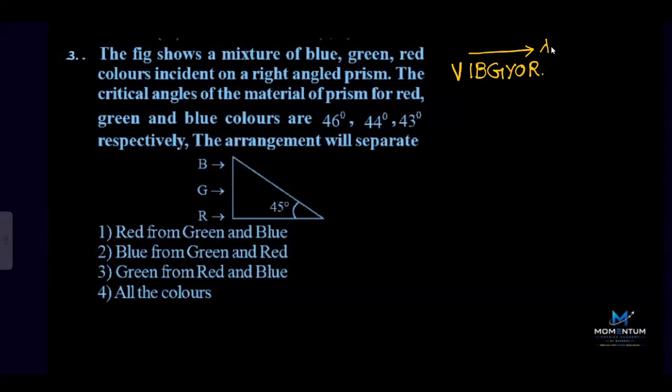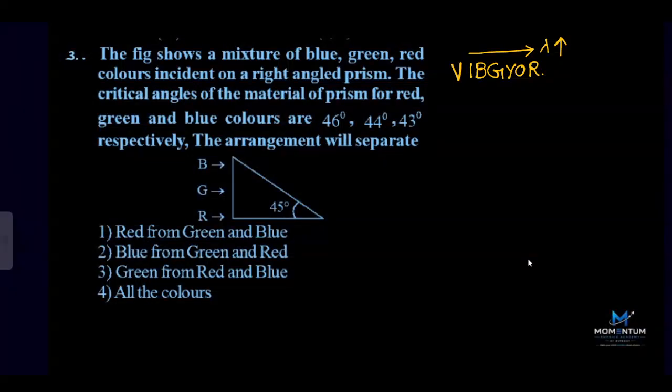If we move towards red, the wavelength of the light increases. Which has a high wavelength? Red has a high wavelength compared to blue and green. This is the first thing.